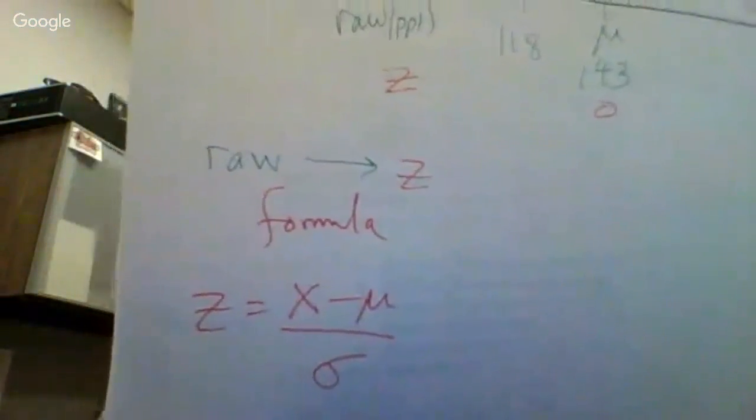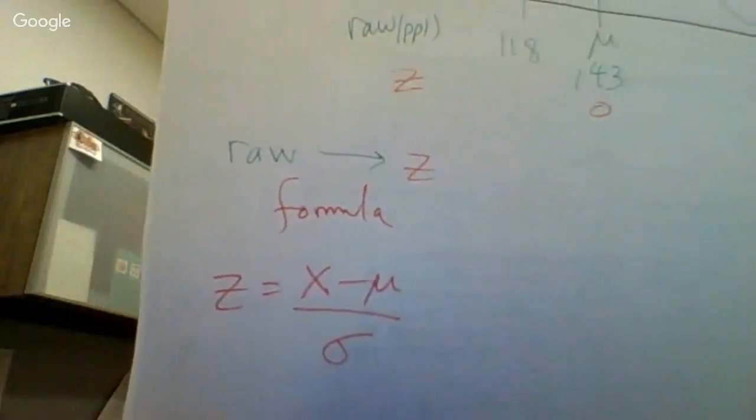The z-score formula, z equals x minus mu over sigma. And as is the nature of things, once you get the red pen going, it seems to want to work on its own. Let's substitute some values in here and do some calculations. 118 minus 143 divided by sigma, which is 20.